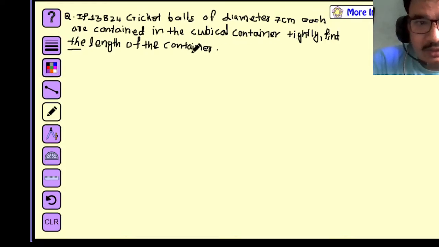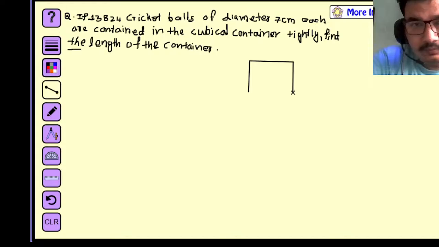That cubical container. Suppose, look here, I am showing here. I want to make one cubical container as an example, in a small size. Just as an example only I'm taking here.